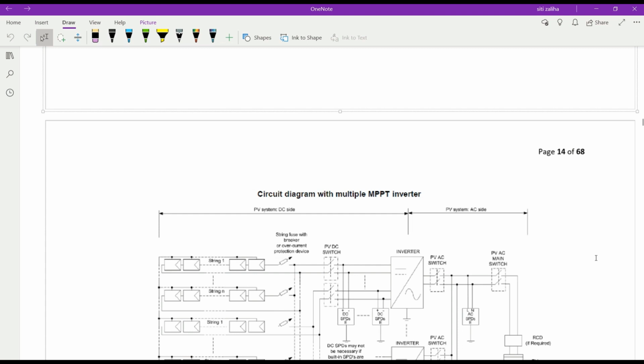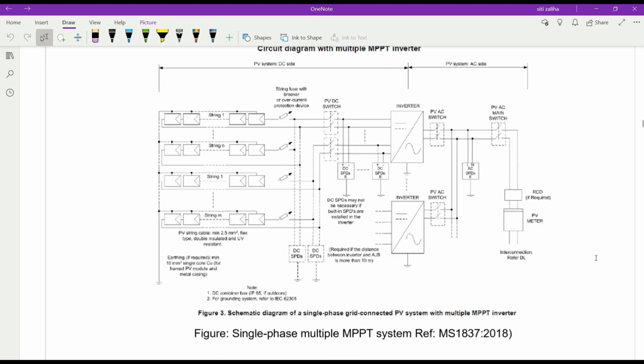Okay, next one. This configuration is still single phase, but the type of inverter is a multiple MPPT type, which is more than one MPPT. So in the circuit, it will be represented by, for example here, 2 MPPT.